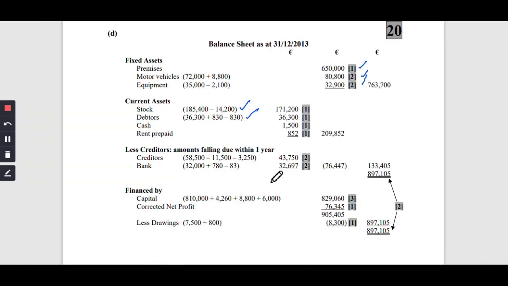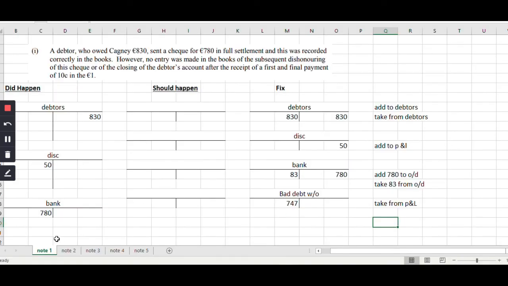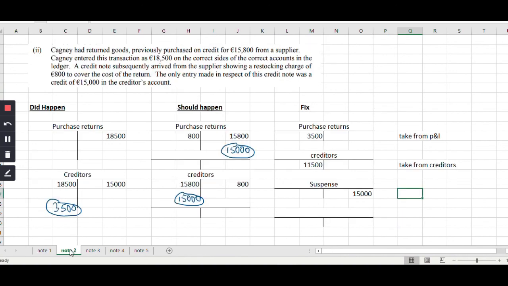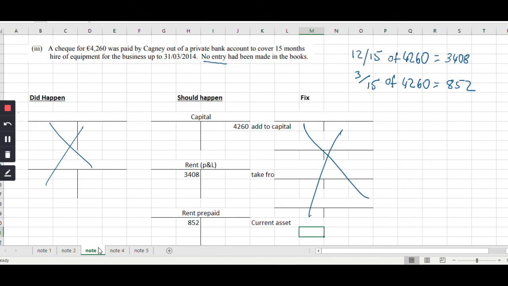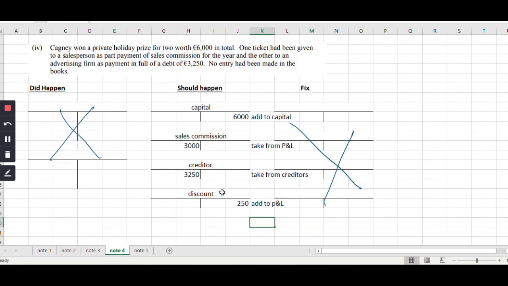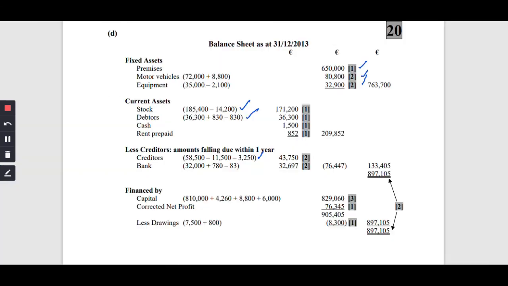The creditors figure, as you can see, there are a couple of things. There's a minus 11,500 and a minus 3250. If we look for creditors, note number 2 had take away 11,500, and note number 4 had take away 3,250.